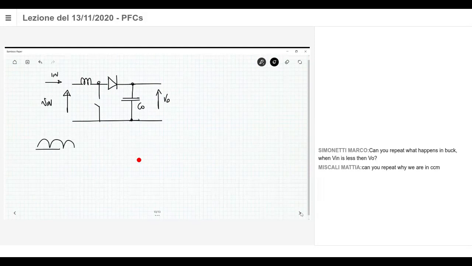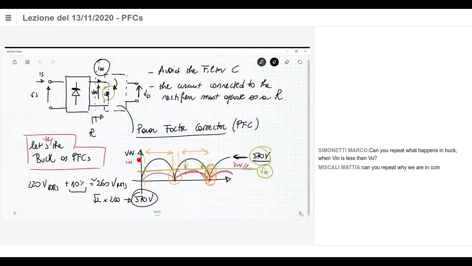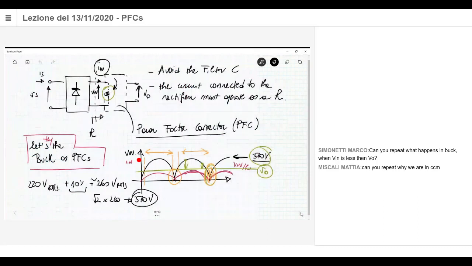Remember that I have no input filter capacitor, so it seems that here you don't have the C-in capacitor, because the C-in capacitor can act as a filter capacitor for the rectifier. As I said before, I have to avoid the presence of the input capacitors. I have to avoid this capacitor here because it's responsible for the distortion of the current. This is also written here.